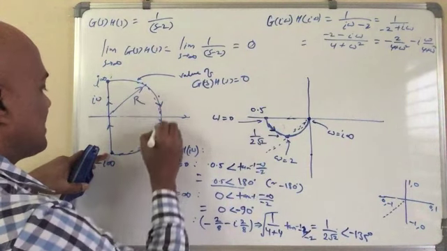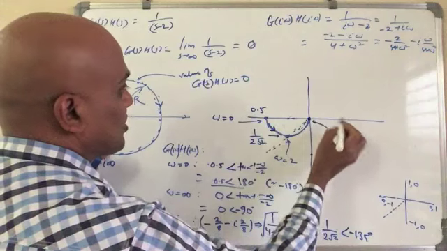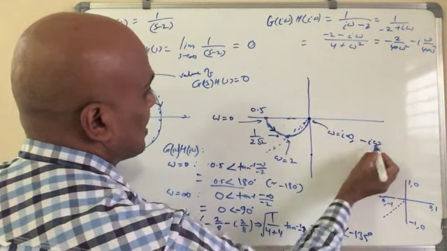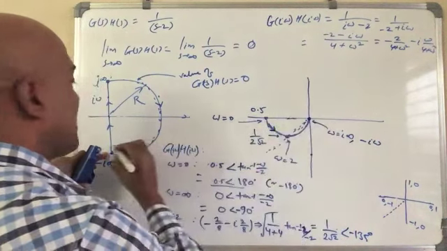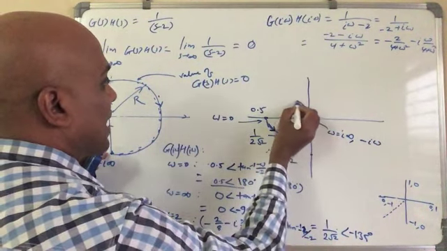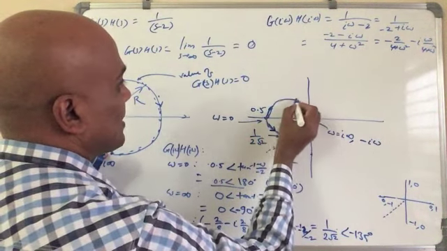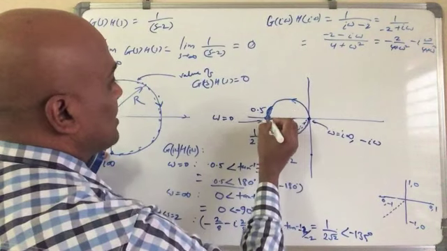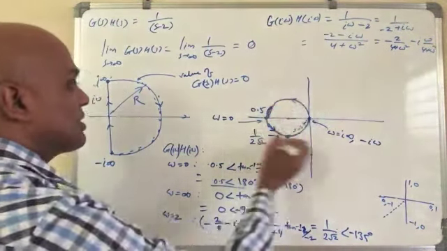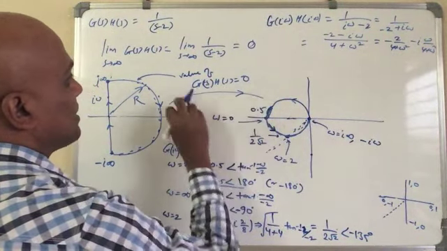The value will remain the same at 0 only, and the values at omega and minus I omega are both the same here. Then when we move, we will be making a half circle again, something like this. And this is 0.5. So clearly what you see is a full circle. This is the mapping of that, so it has been mapped here.